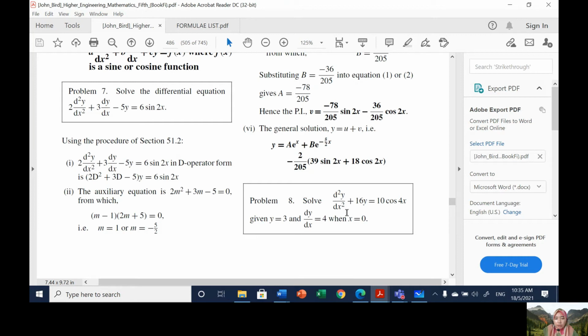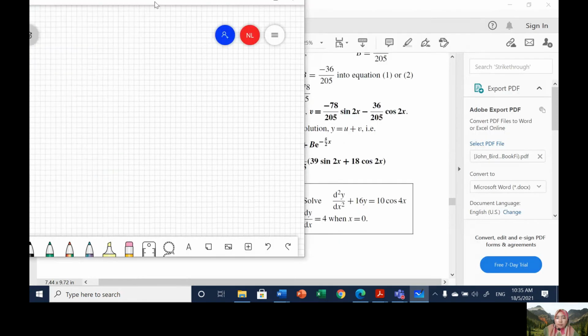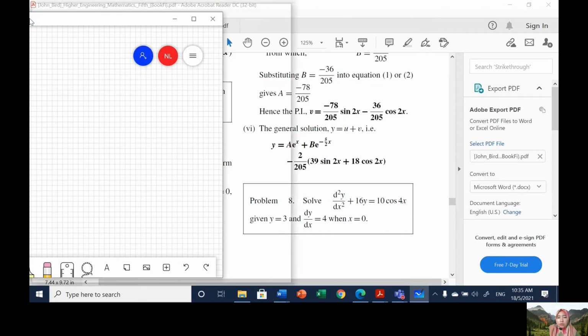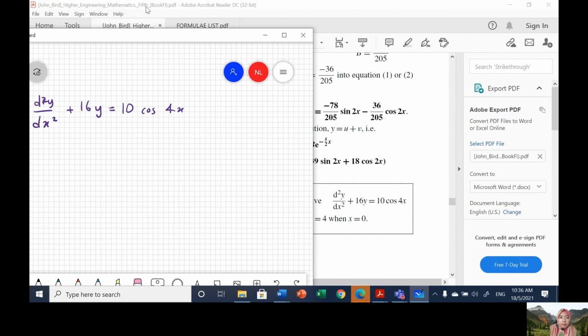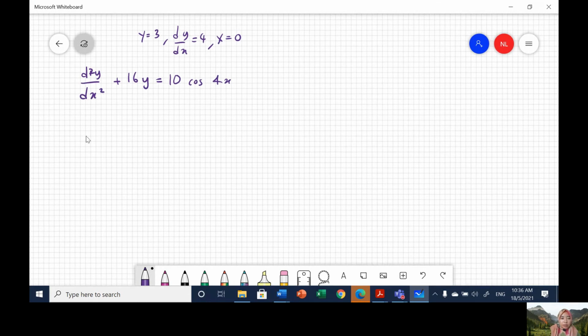Then we have a boundary condition given. First, this is the ODE, so I'm going to write down the equation here: plus 16y equal to 10 cos 4x. This is the given equation.